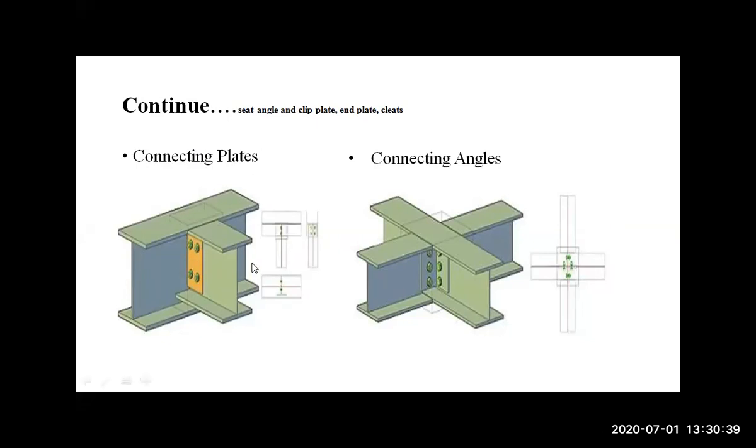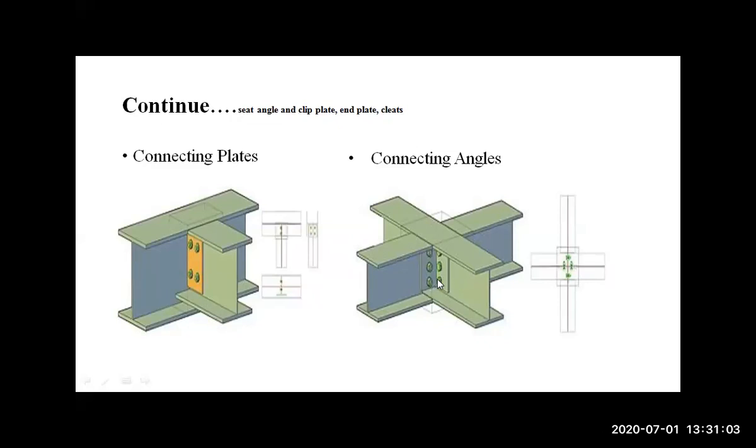The plate is used. Now come to the second image. So here these two structural elements are connecting, crossing each other at right angle. You can see here the angle section is used. One leg of the angle section is connected to this leg, and the other leg of the angle is connected to this section.